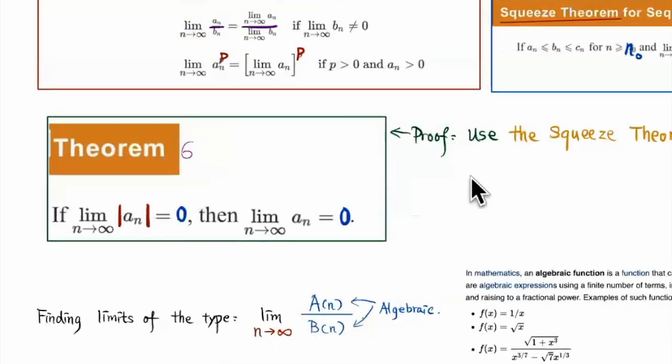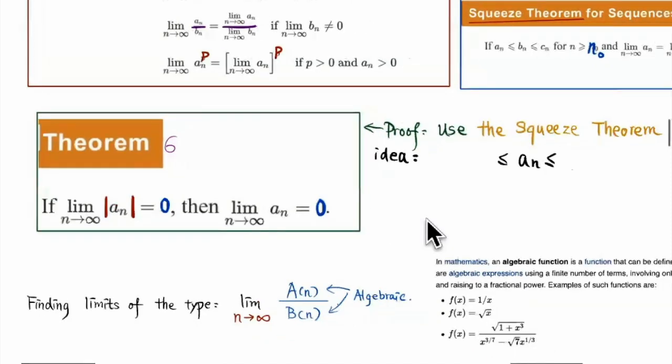Can you think about how to prove it? Any idea? Yeah. If An is positive, then we don't need it. But if An is negative, then An is above negative the absolute value of An and below 0.